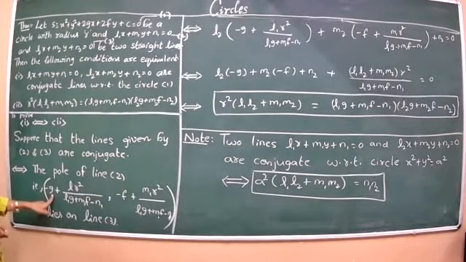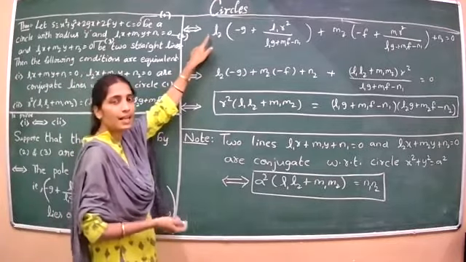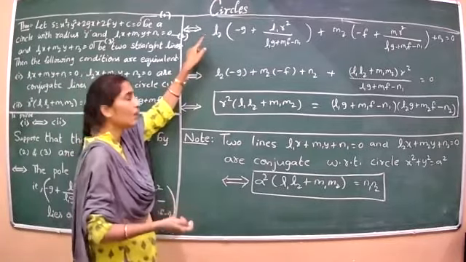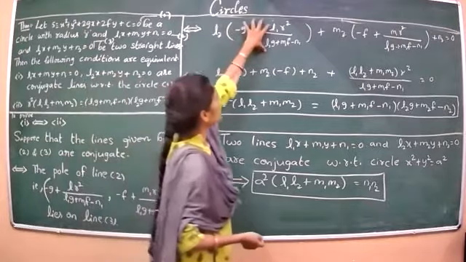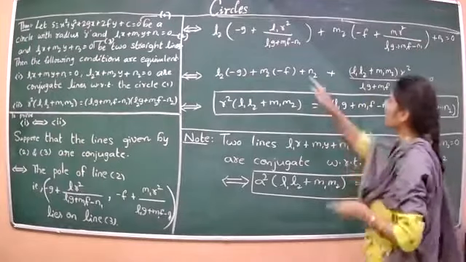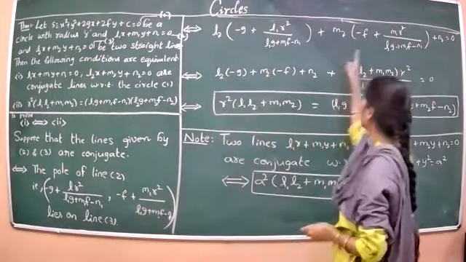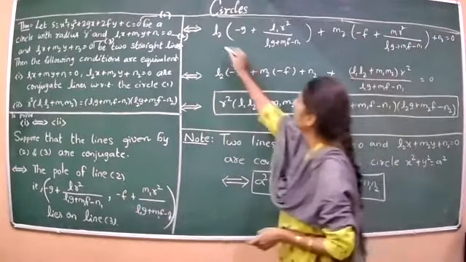And this point should be substituted in equation 3. What is equation 3? It's the line L2x + M2y + N2 = 0. Here x is the x coordinate of the pole and y is the y coordinate of the pole. Let us simplify.